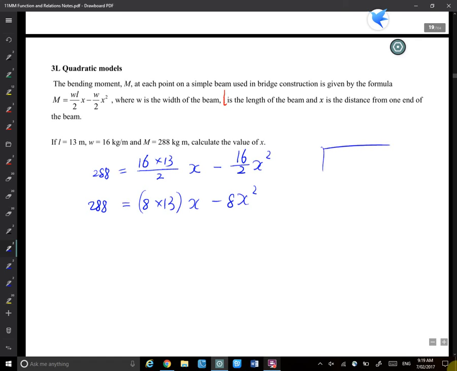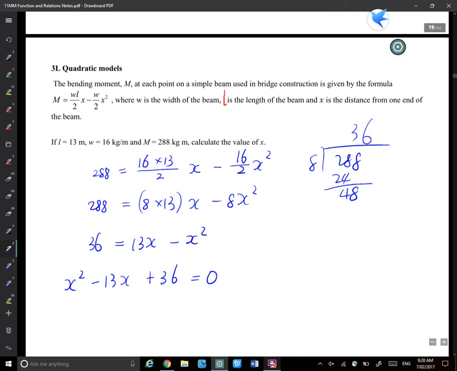I can see that they all contain 8. I can divide 288 by 8, which gives me 36, and we have 13x and x squared. I can make that x squared minus 13x plus 36 equals 0.